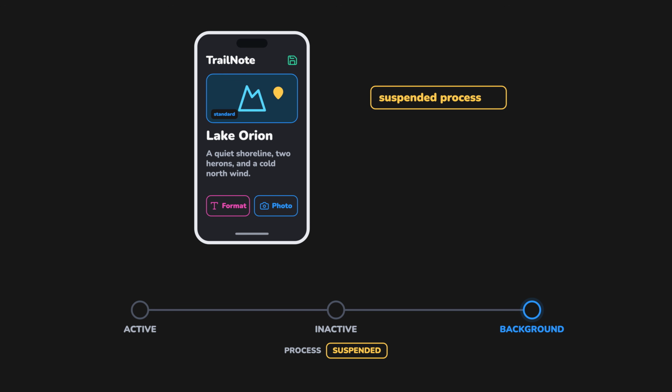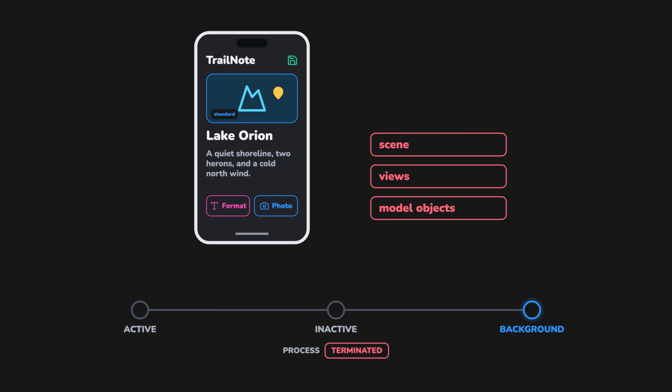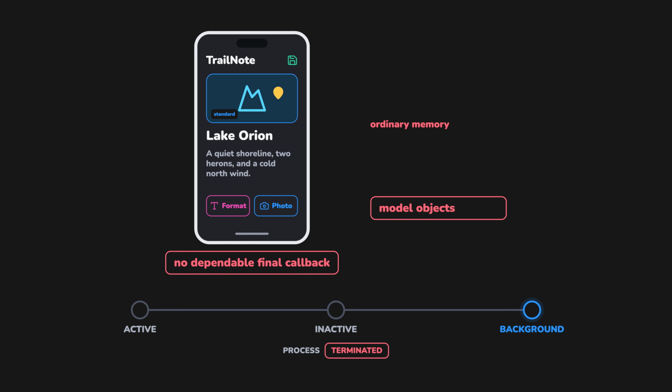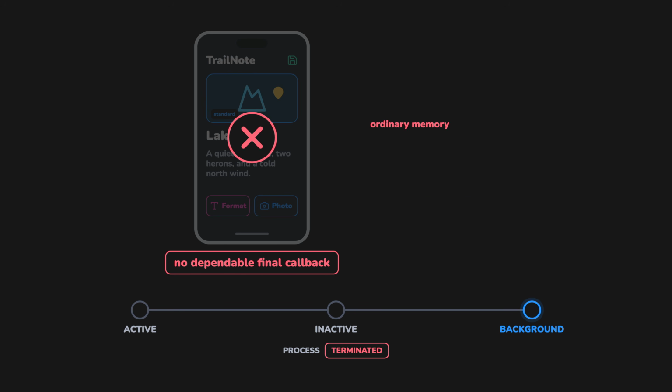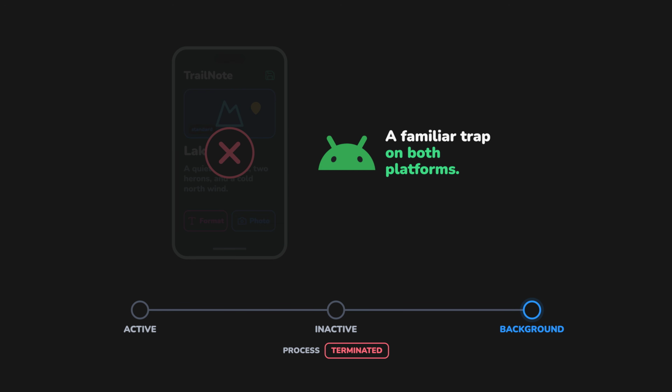While the app is suspended, iOS may terminate its process to reclaim resources. The app normally doesn't get a dependable final callback at that moment. Memory disappears, including the scene, its views, and every ordinary model object inside the process. And if you're coming from Android development, this might actually seem pretty familiar, as the same traps exist on both systems.